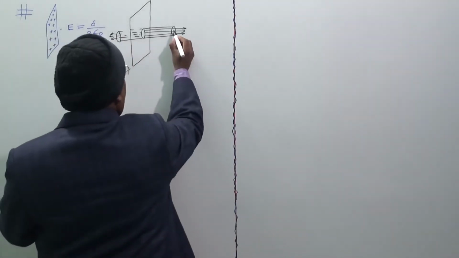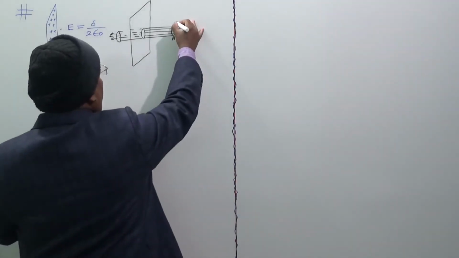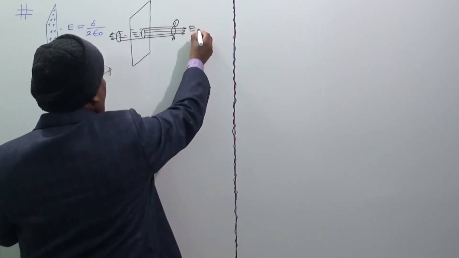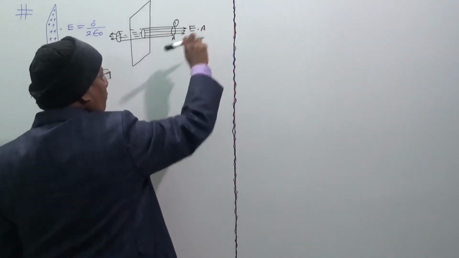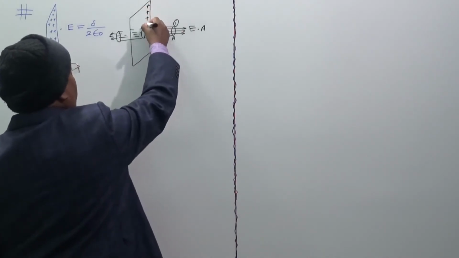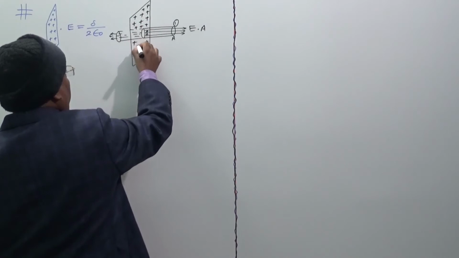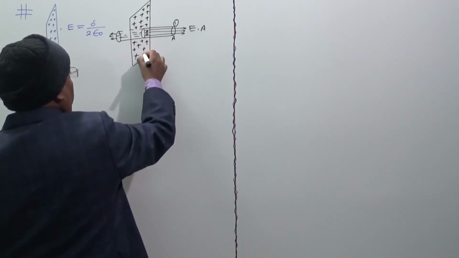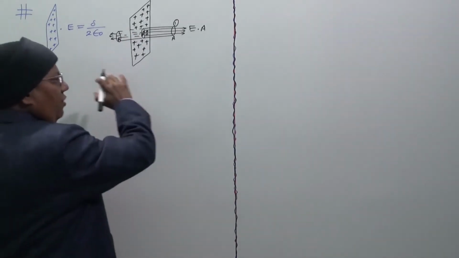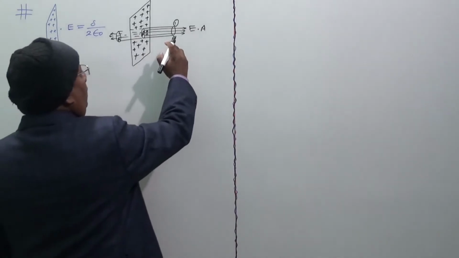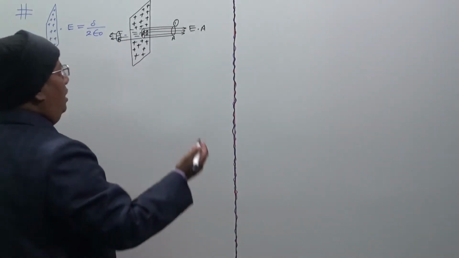If the cross section area is A, then the flux due to this surface E dot A has direction along the electric field, because if this has a positive charge density, then this must have electric field lines outward, and the direction of this area is again along the electric field. So E dot A can be written as EA.